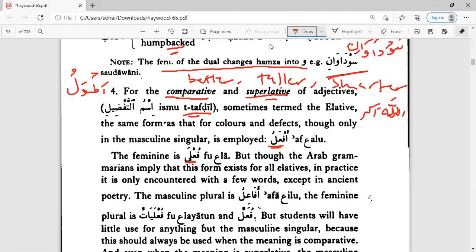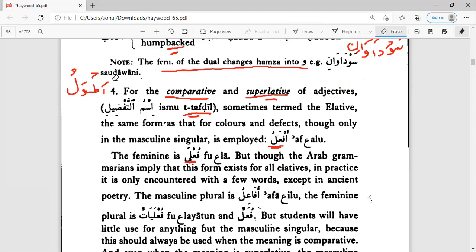In the prayer we say Allahu Akbar. This is used as a superlative, which means Allah is the greatest, right? So that's what superlative means. Do you understand the difference between comparative and superlative? What do we use for the superlative degree of atwalu?